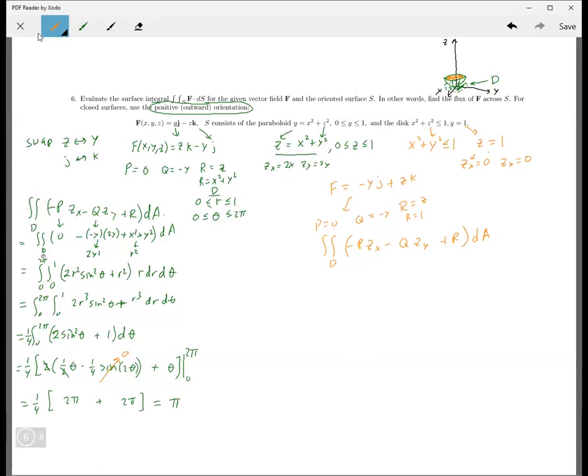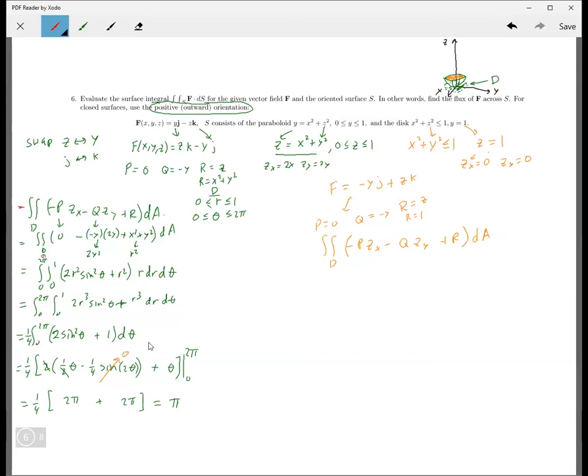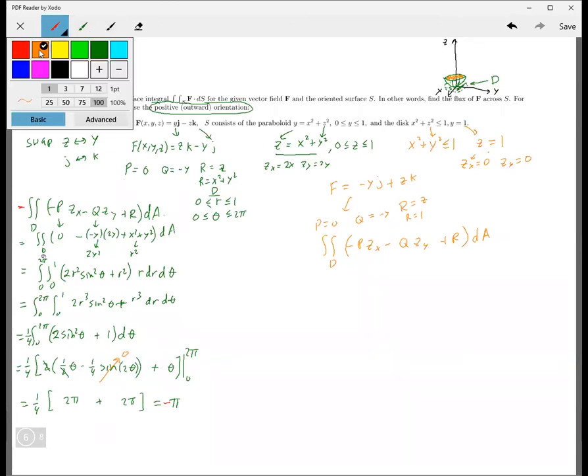All this should be negative, and that should be negative pi, because we're underneath, okay? So everything negative. So I'm just going to do that.